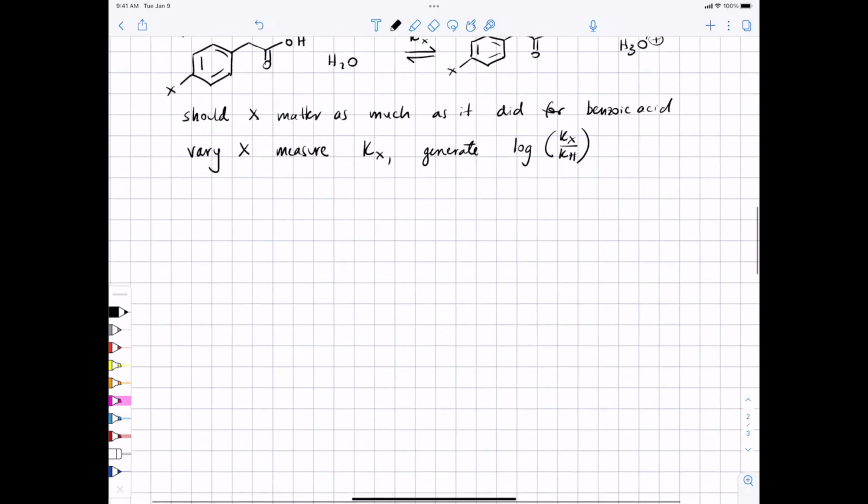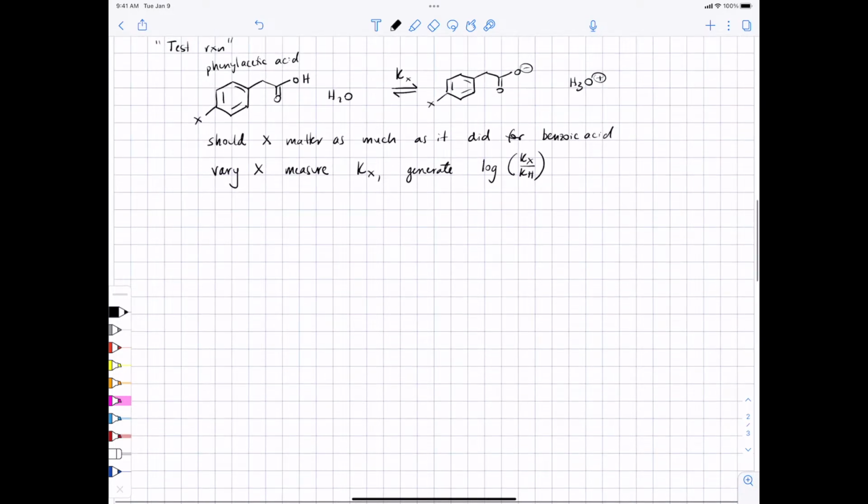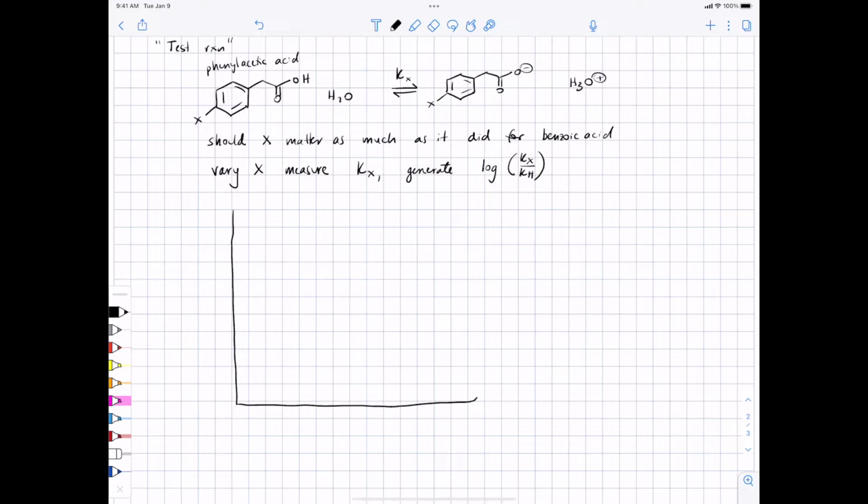Okay? And so once we do this, we can generate what's called a Hammett plot. And in a Hammett plot, on the y-axis, we graph the measured values for log Kx over Kh for our test reaction.